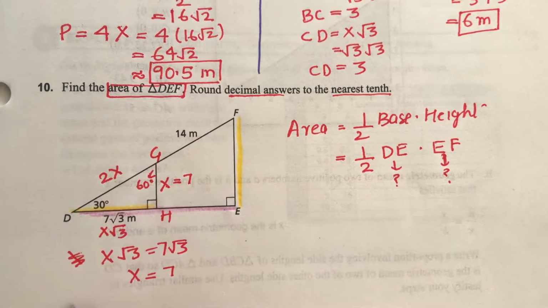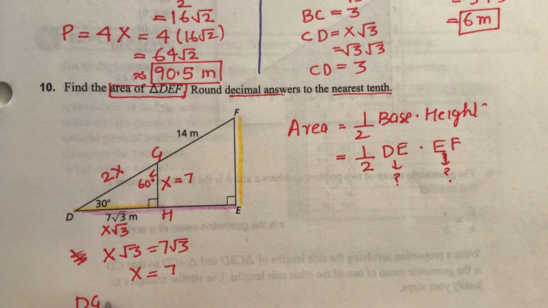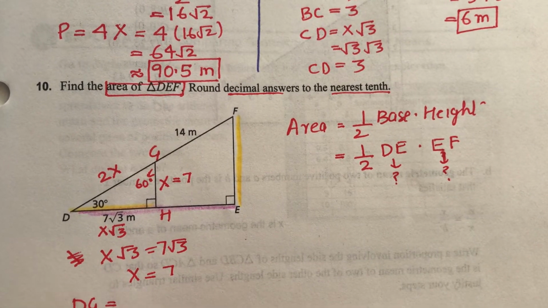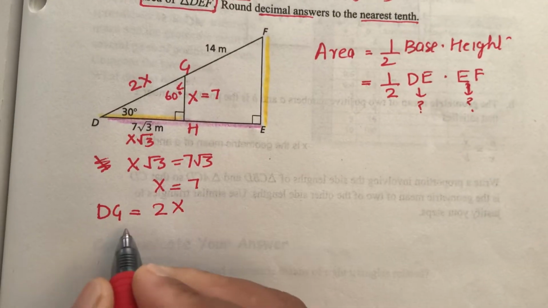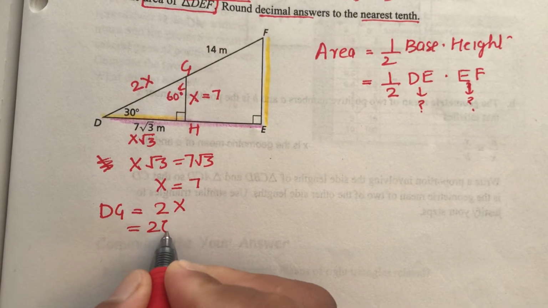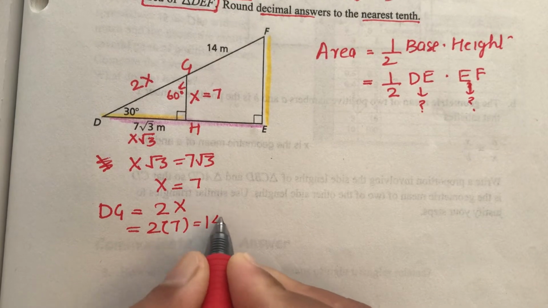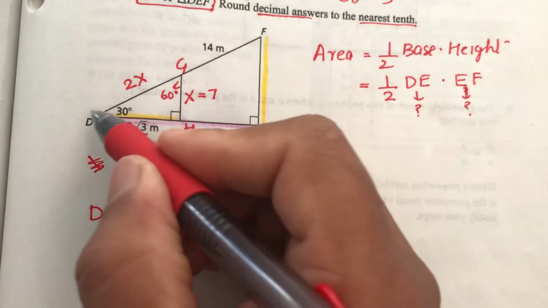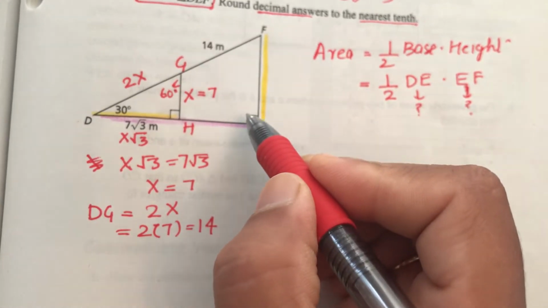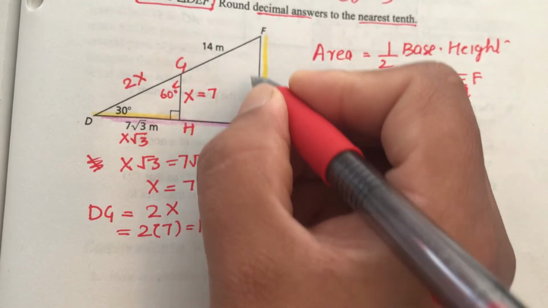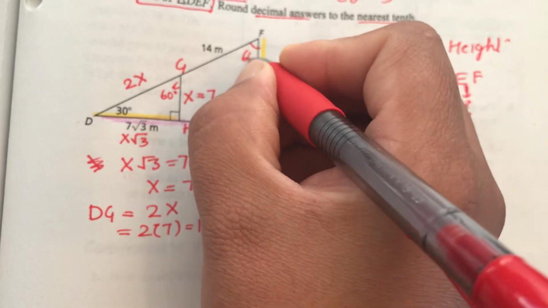If I am interested in getting DG, that's a longer leg actually. That is 2x. 2x is 2 times 7, that is 14. I got my whole longer leg for this because this is 60. When I look at this whole triangle, it is 30, 90, and this is also 60.